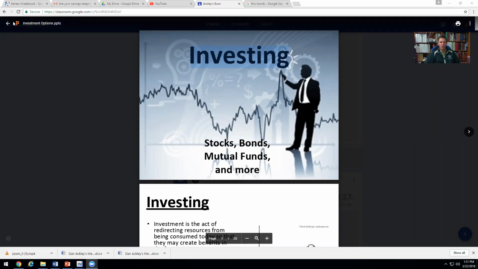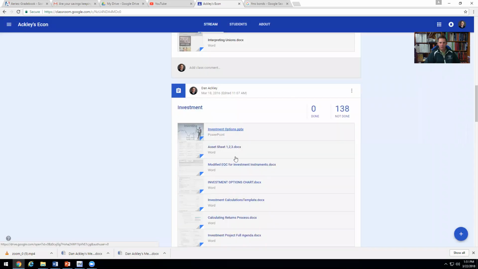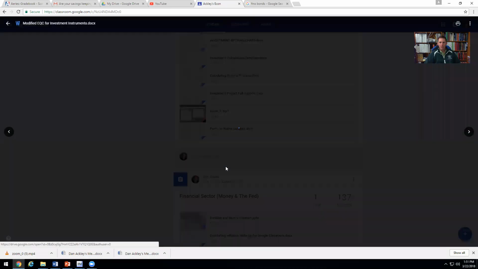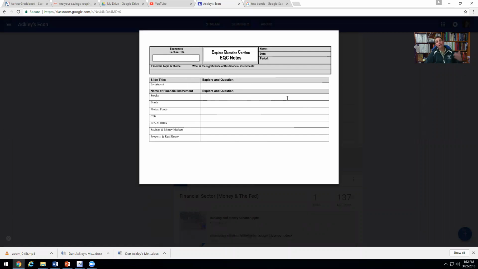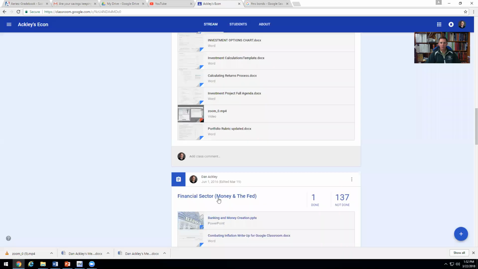If you don't remember what that looks like, it's here on modified EXE. You did investment yesterday right here. Investing, you did stocks notes right here. If you haven't done that yet, you need to go back to that video and do day 2, because we're on day 3. So we're going to jump into just doing bonds today. Just open up EXE, probably pause the video for a minute, go ahead and get yourself there, get that opened up, and then we're going to jump into the lecture.